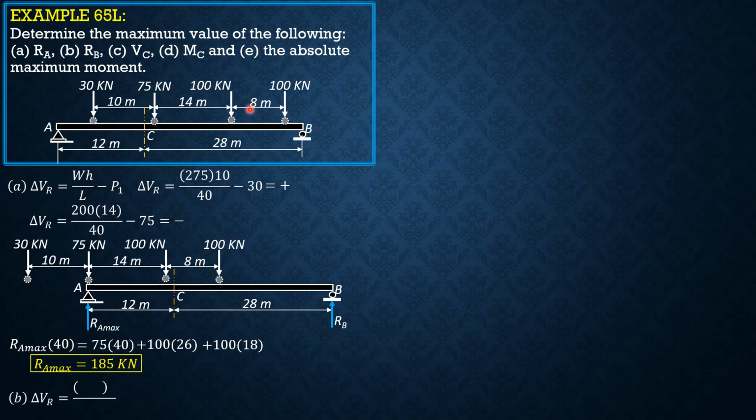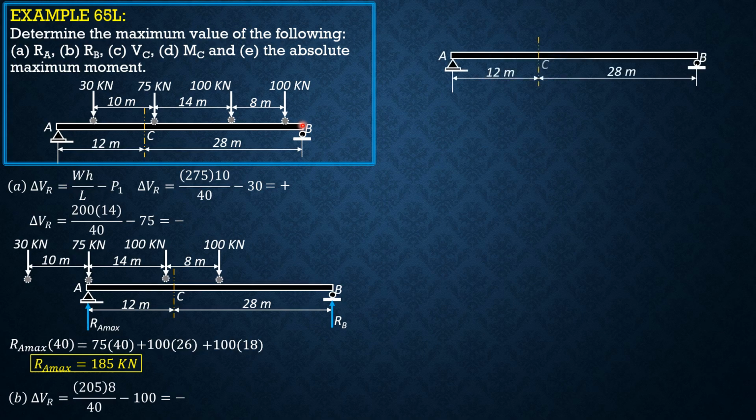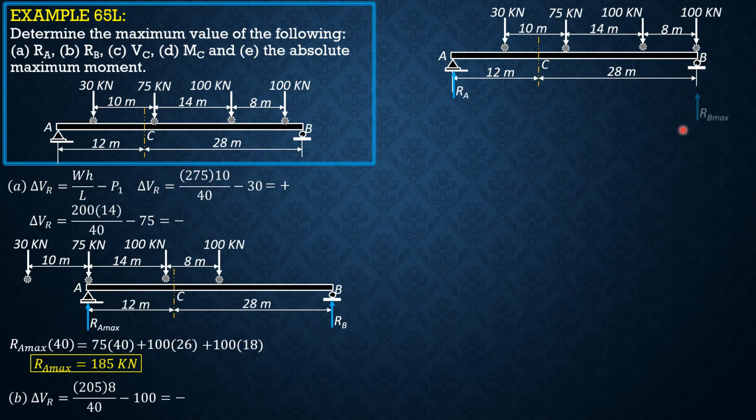So delta VR equals 205 times 8 over 40 minus 100, and the sign is negative. Therefore, the preceding position of loads, that is this first 100 kilonewton load over B, satisfies the criterion. So this should be the positioning of the loads to cause maximum reaction at B.